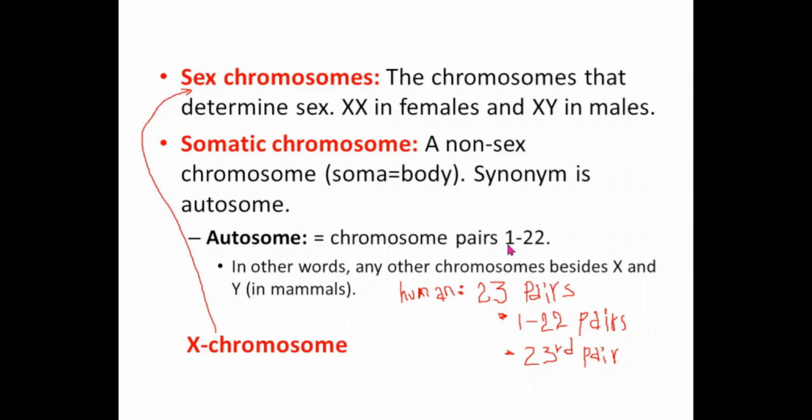In humans, pairs 1 to 22 are autosomal chromosomes or autosomes. Any chromosomes besides the X and Y chromosomes are autosomes. For example, of the 23 pairs in humans, pairs 1 up to 22 are autosomal, and the 23rd pair is the sex chromosomes, X and Y.